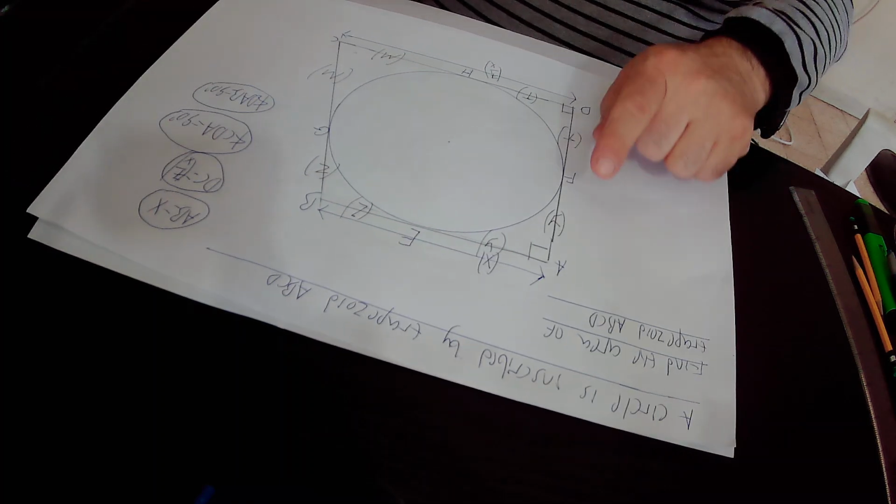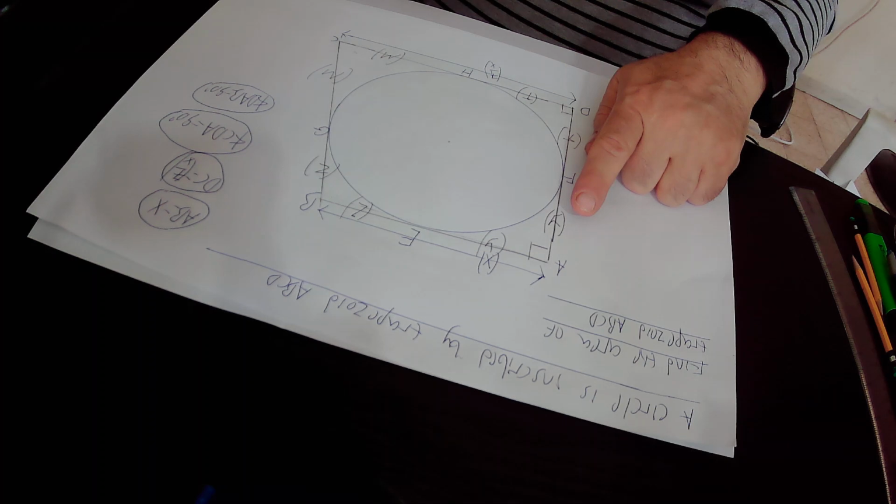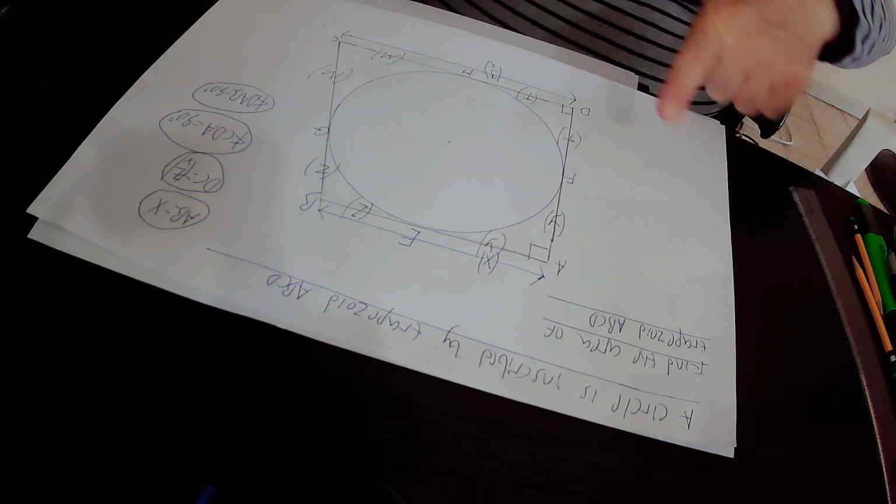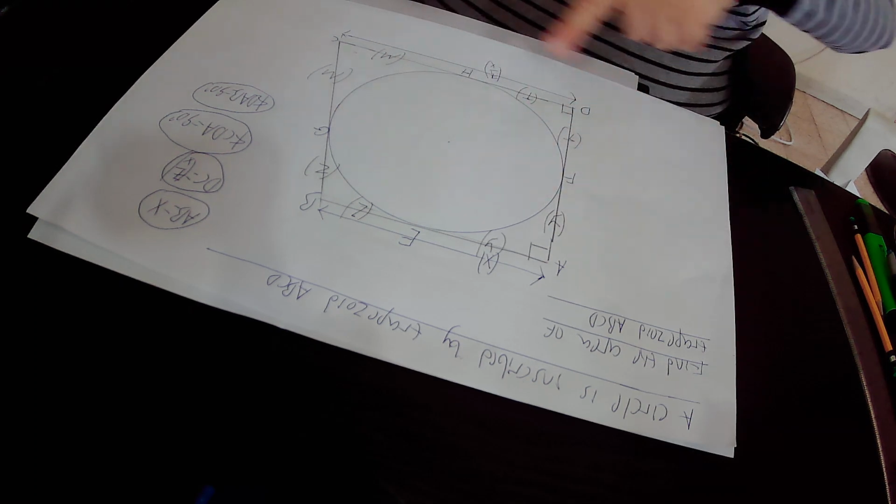So, what is the value of AB plus DC? Again, what is the value of AB plus DC?